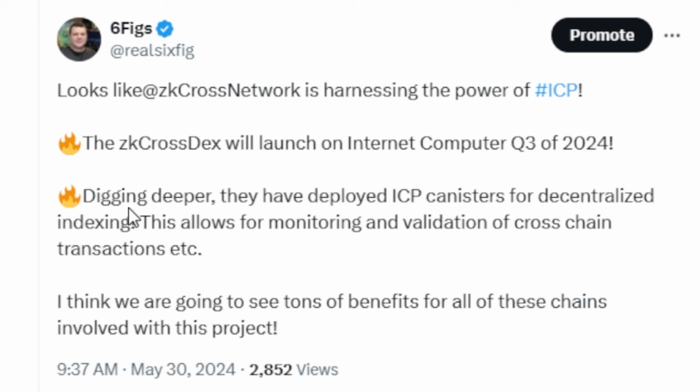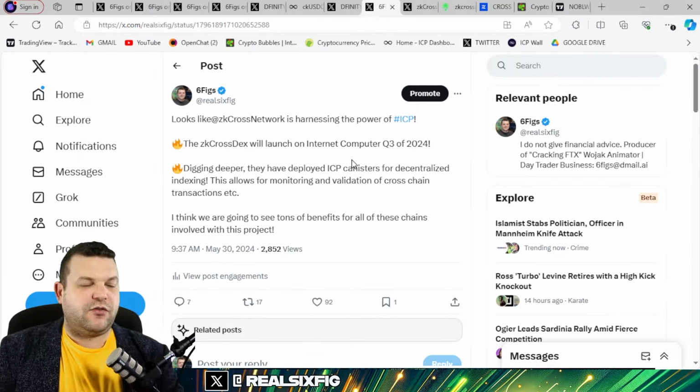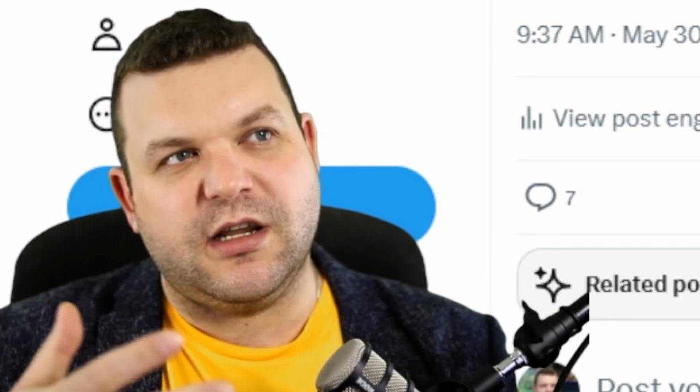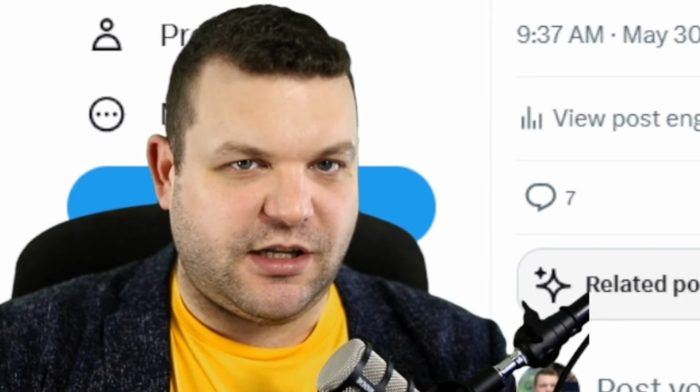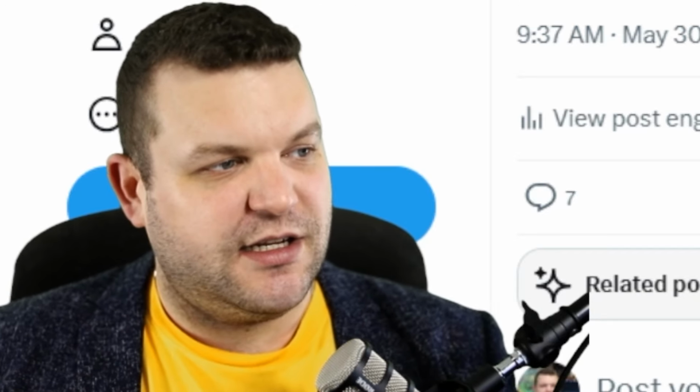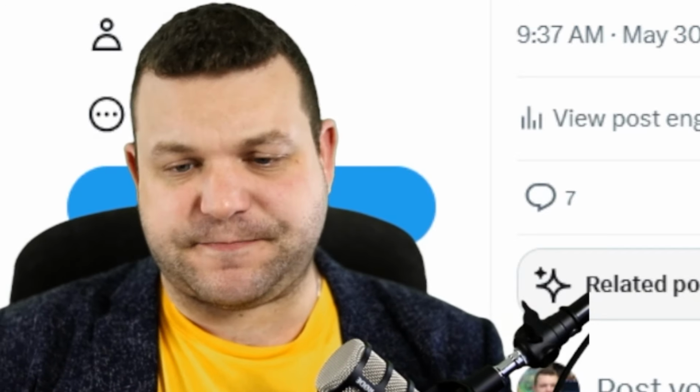They have deployed ICP canisters for their decentralized indexing. So these are like bridge watchers, right? They are constantly the system monitoring the infrastructure, the transactions, everything like that across ZkCross DEX.